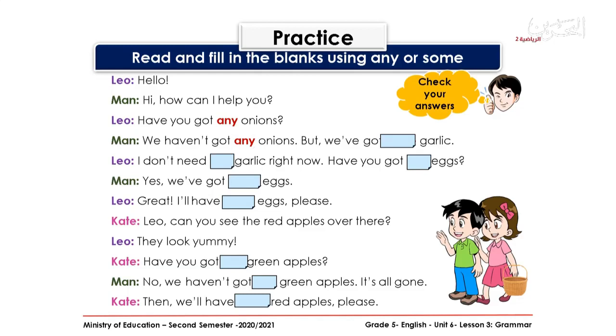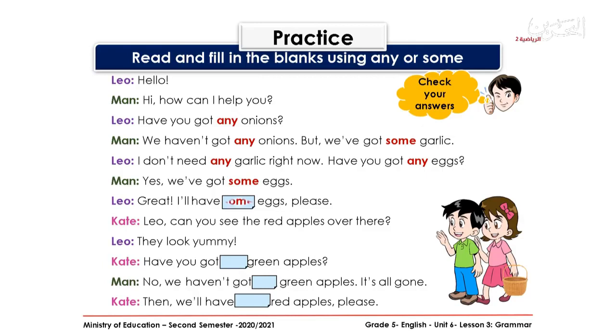First one, we haven't got any onions, but we've got some garlic. I don't need any garlic right now. Have you got any eggs? Yes, we've got some eggs.